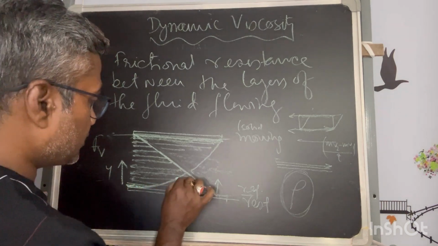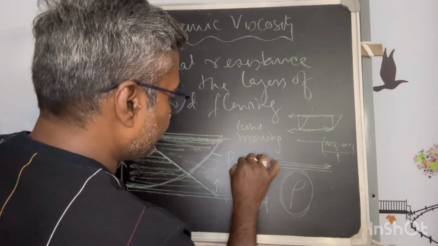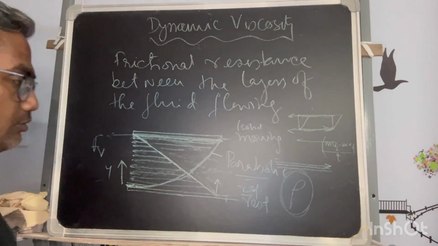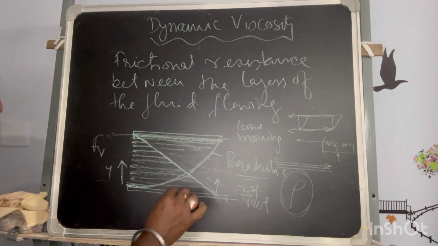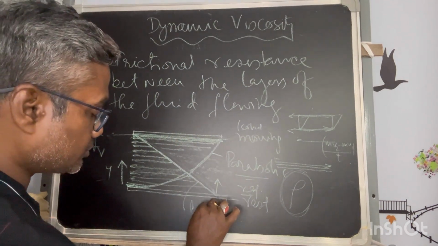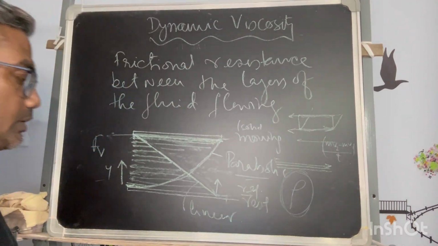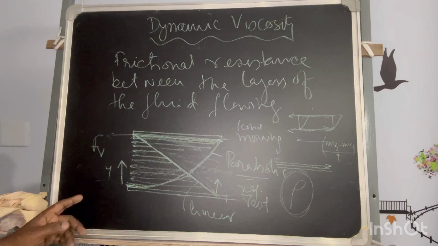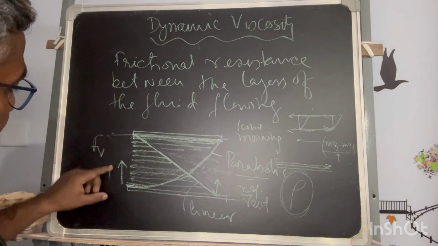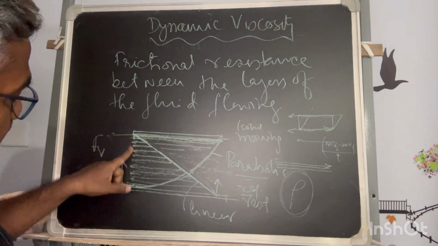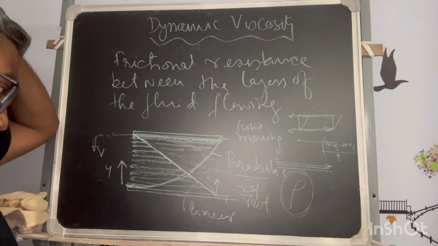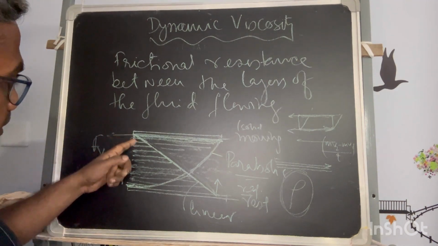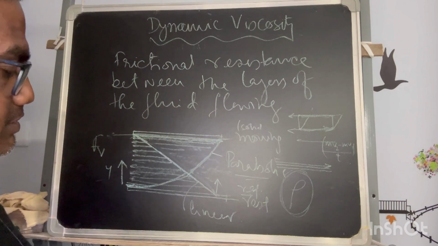This will be somewhat parabolic, which I will establish, and I will explain how it is parabolic and how this is linear. This linearity will be on the basis of direction, from the rest to the moving plane, and this is just reverse.